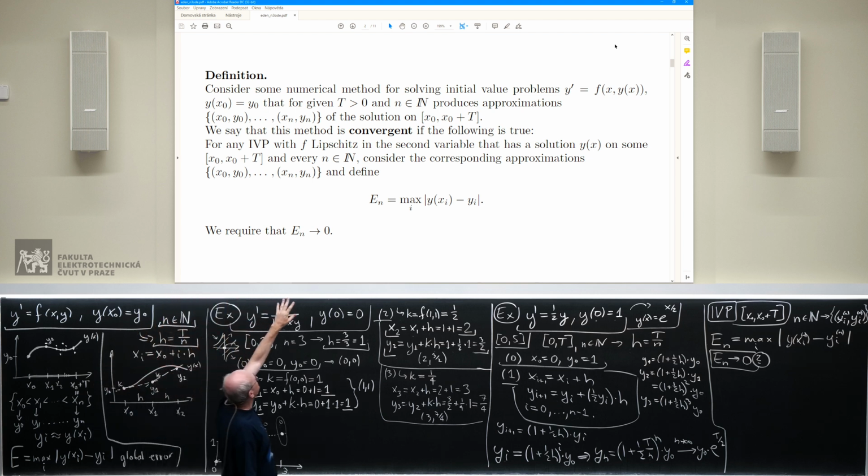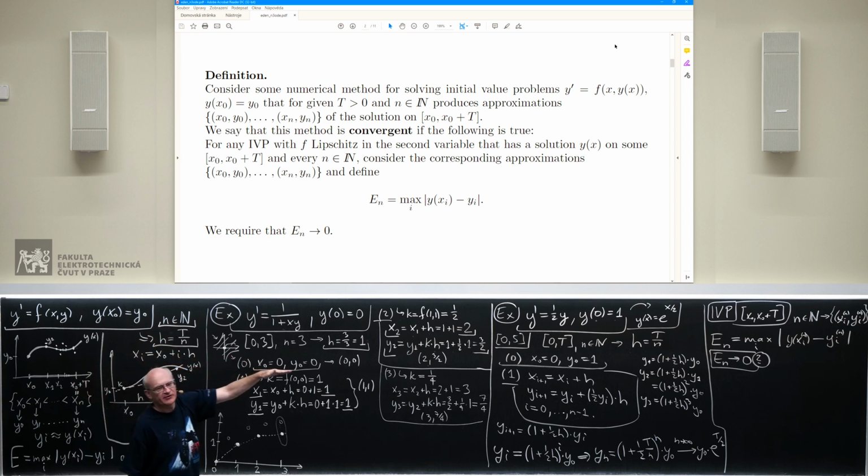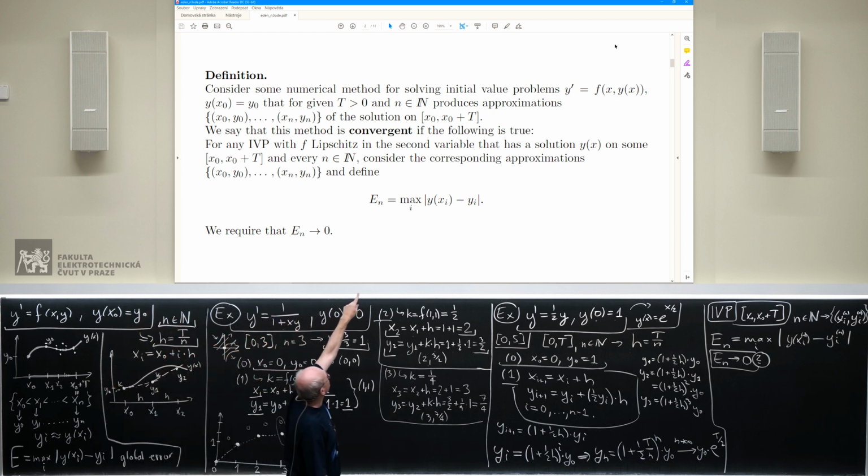Then we say that the method is convergent if, whenever we apply it to a specific initial value problem and specific interval, and we do it for many partition sizes, and we look at the global errors of all of them, I hope the formula matches, yes it does, then the global error goes to 0.